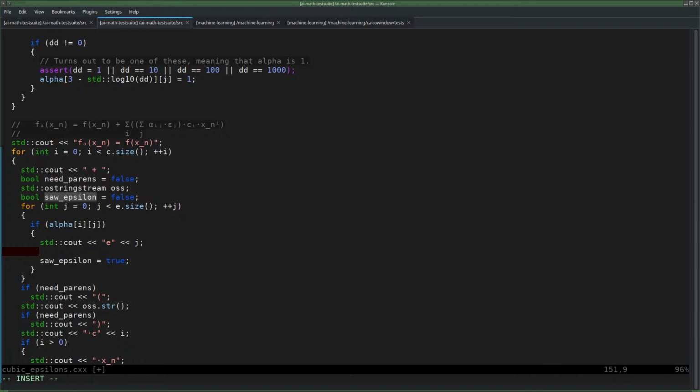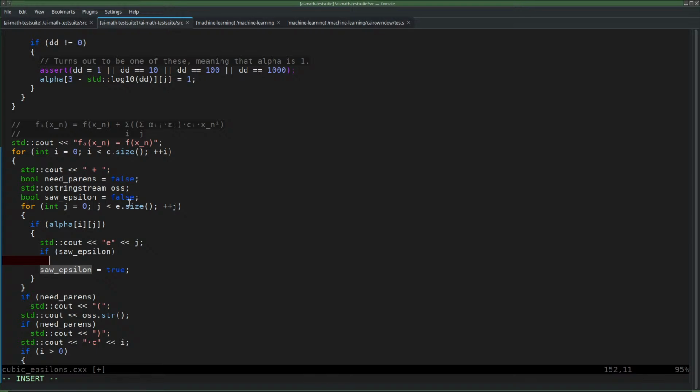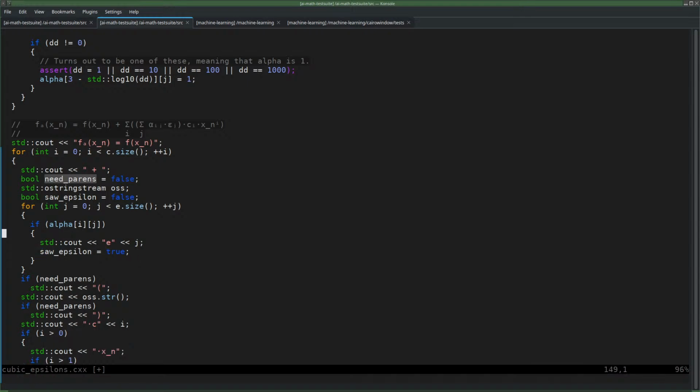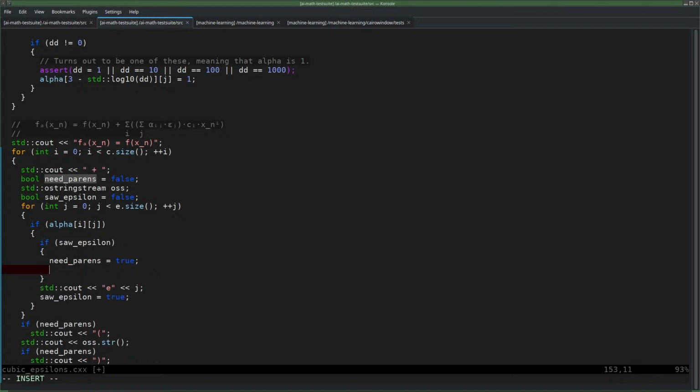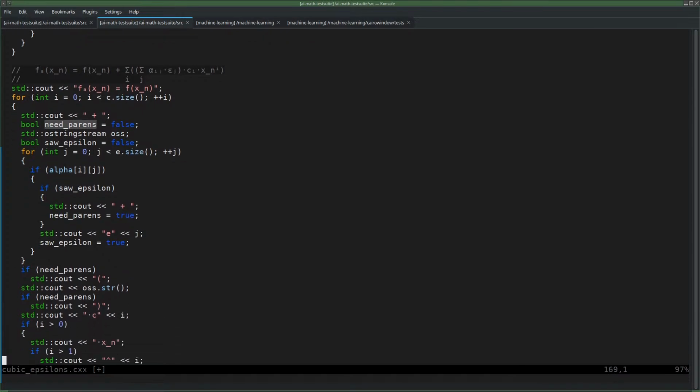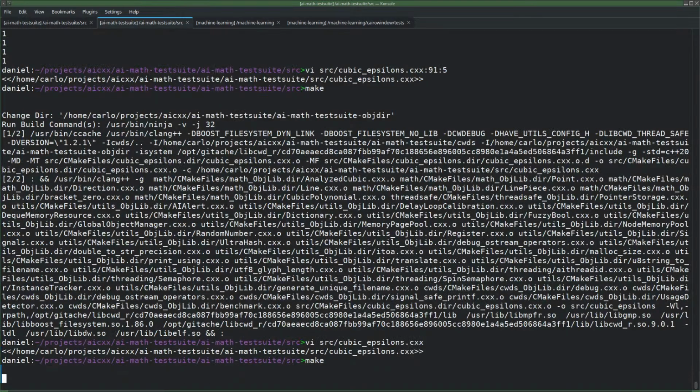And if we saw epsilon before we saw this epsilon, now we need a plus and parentheses. So I need parentheses true. But I can move that in front of it, because if we already saw an epsilon, then we need a plus. And then that's an afterthought, maybe the parentheses need to be set. I think it might be pretty close to this. Let's just try it out.